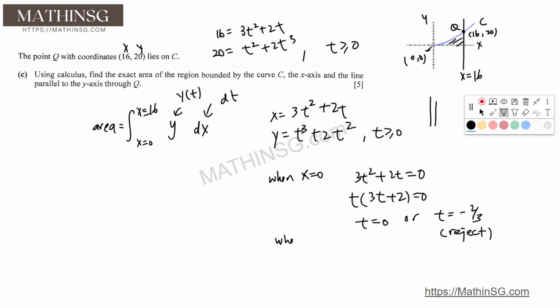Next, when x is 16, now I have 3t squared plus 2t equals 16. Basically this is a quadratic equation. Use your GC to solve it, and you will get t equals 2, because we are going to reject all the negative values.